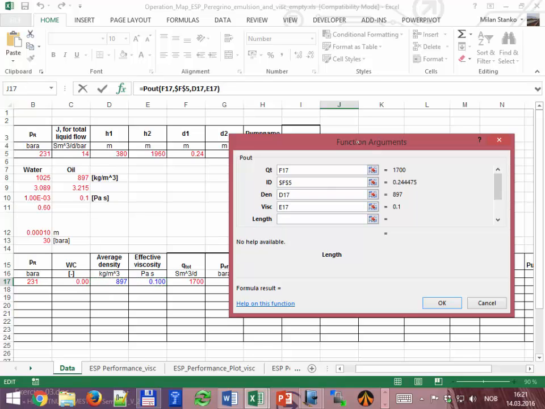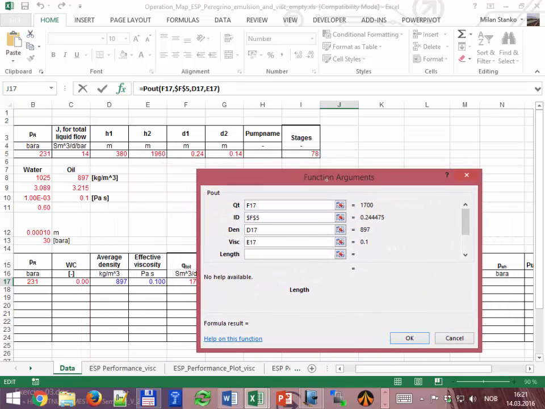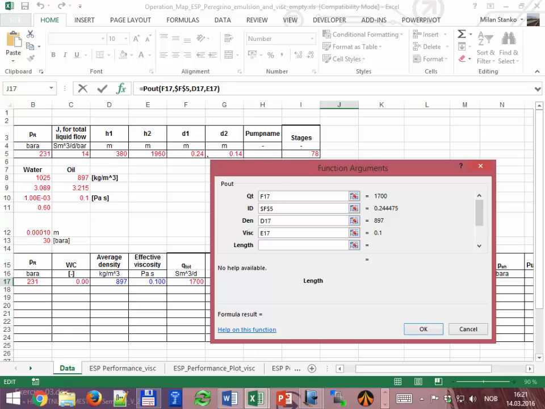Length, we are assuming that it's a vertical pipe section. So length, where is length? This one, right? And that should be blocked also. Then theta, that's the angle of the pipe from the horizontal, in degrees.